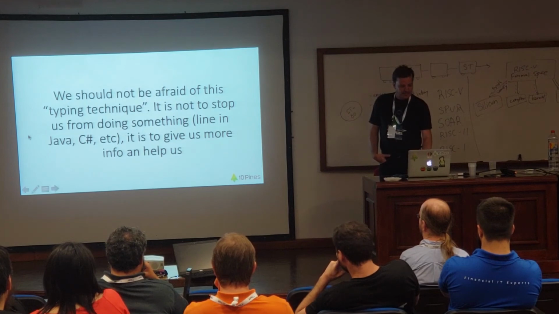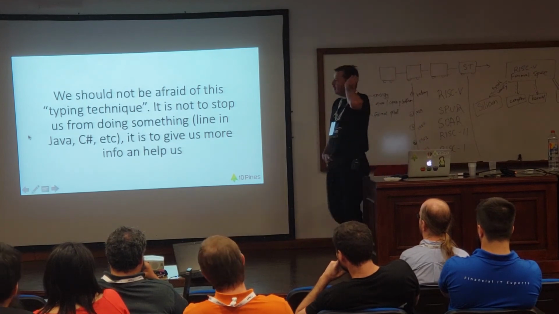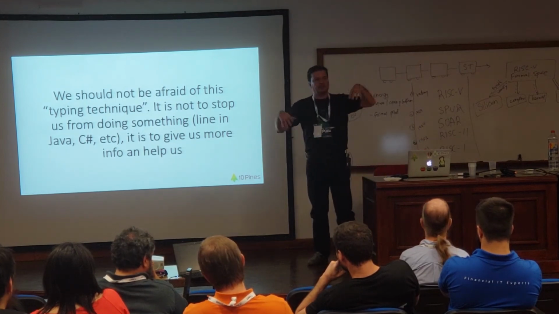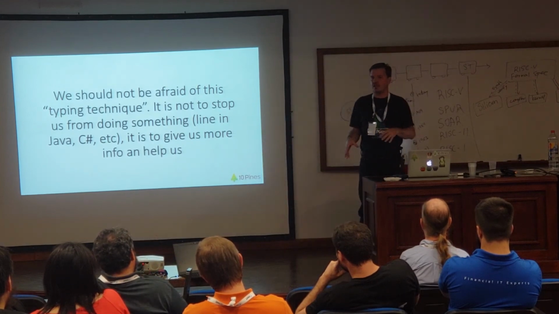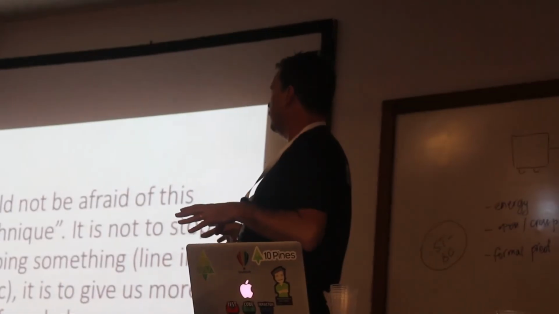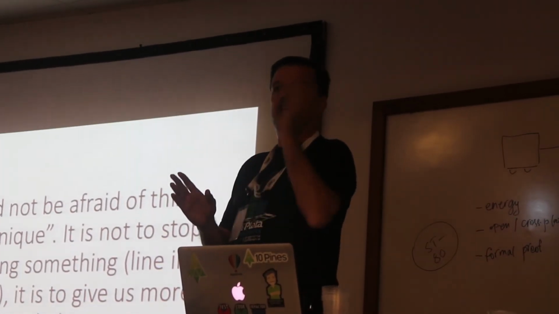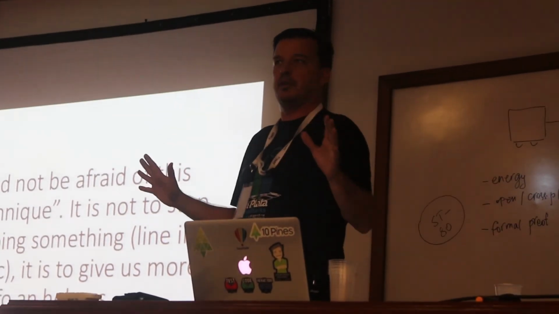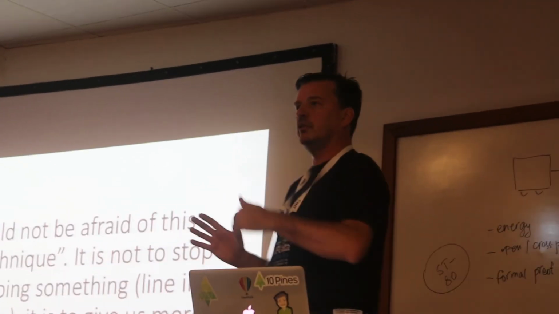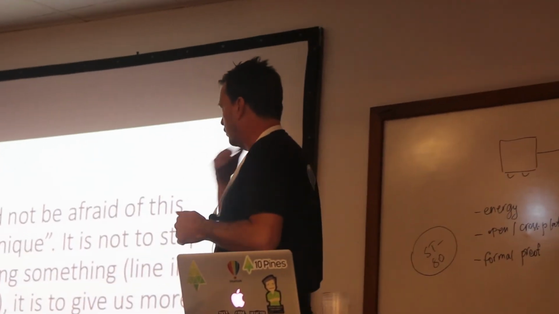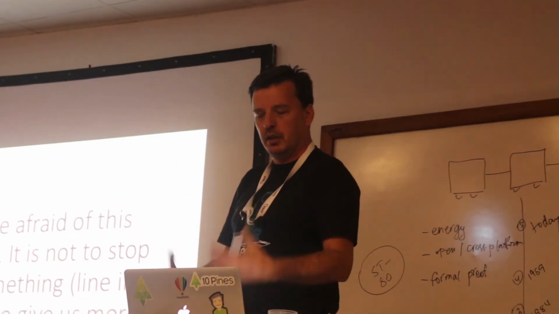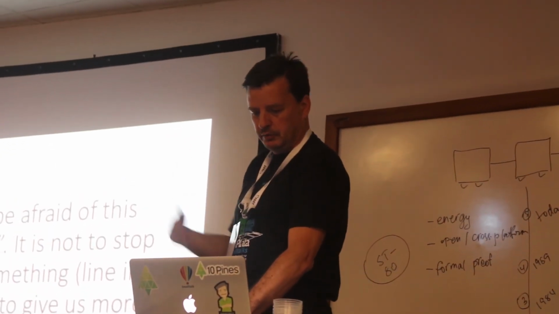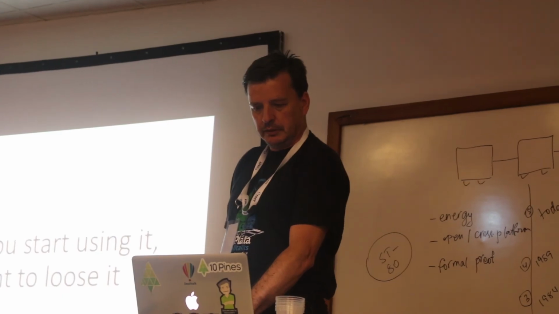Another thing, some people may think, oh no, but why should we be typing Smalltalk? This is not typing. It's not the same as what you do with Java or C#. Because the idea is not to stop you from doing stuff, but to help you get more information. So it's not to stop, to compile or those kinds of things. It's to give you more information to be able to reason about what you're investigating or doing.